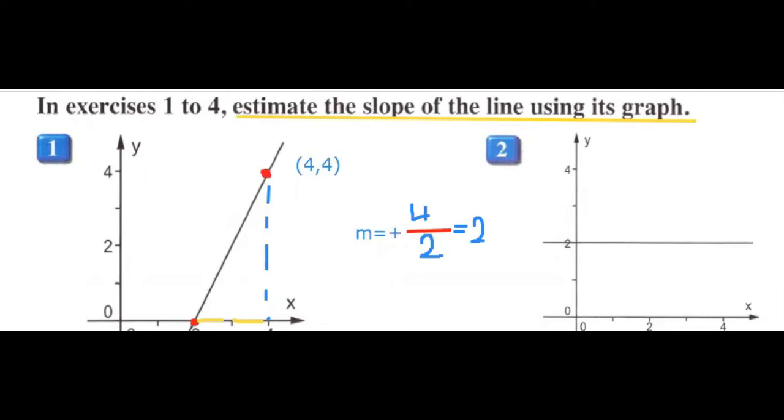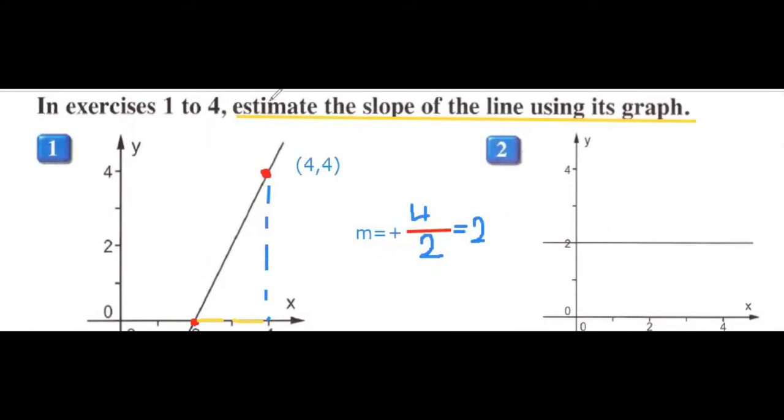Y2 minus y1, it becomes 4, and 4 minus 2 becomes 2. So 4 over 2 becomes 2, and it is positive. This is one way. And the other way is by using the vertical change to the horizontal change. And sometimes we need this, guys. The vertical change is 4 units and the horizontal change is 2 units. Look, 1, 2.